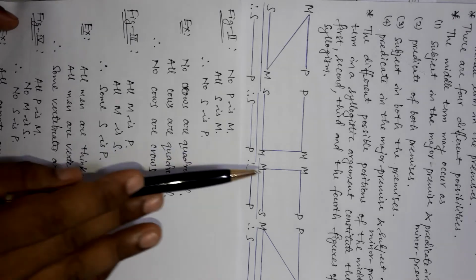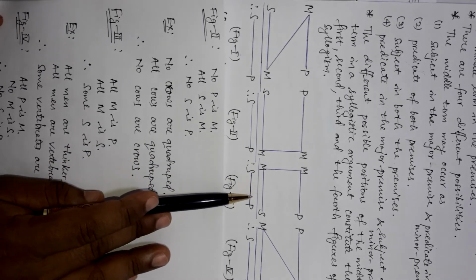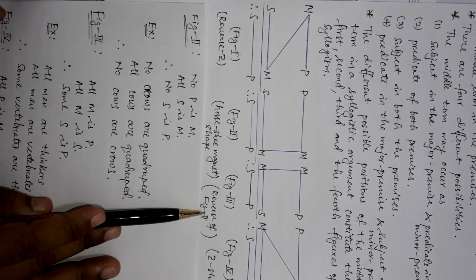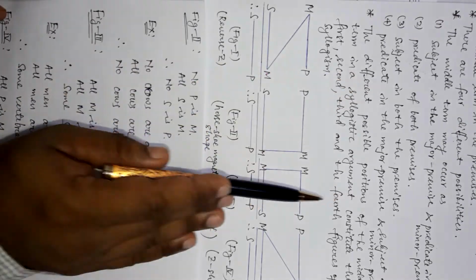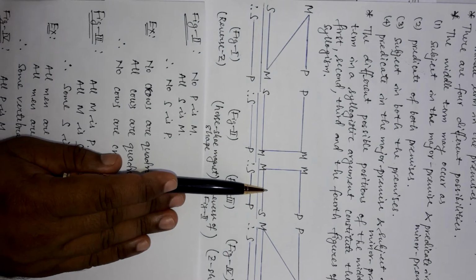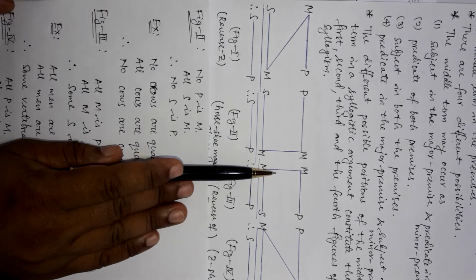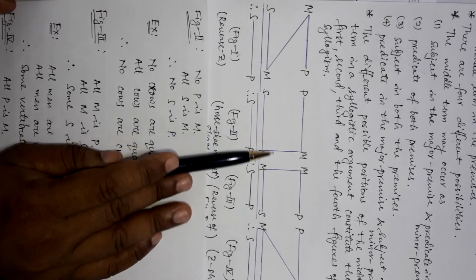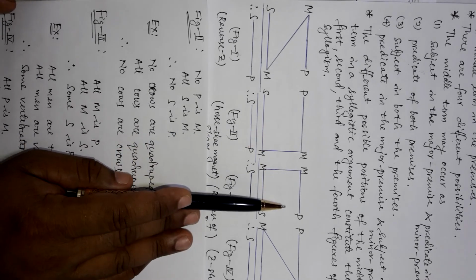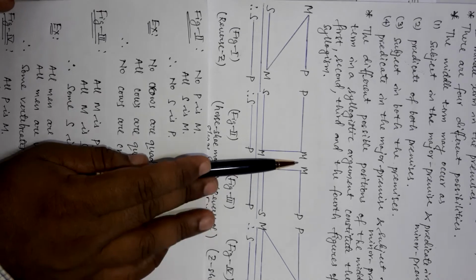Okay friends, now come to figure 3. Figure 3 is the reverse of figure 2. If you make the reverse, the mirror image of figure 2, you will get figure 3. Now how does it look?